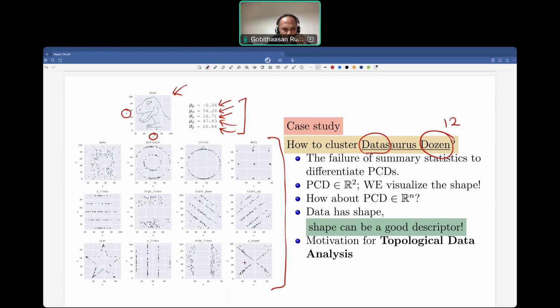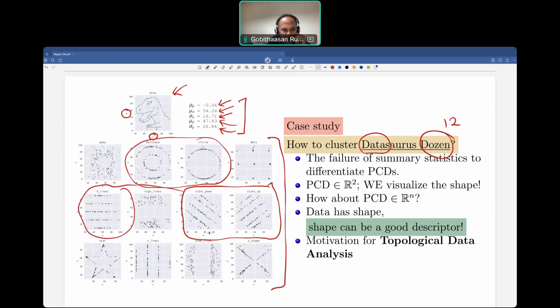If you were to cluster, for example, this probably falls, and also this will fall in one cluster. Probably these two will fall in one cluster, and so on and so forth, right? By just looking at them, you have a clearer picture.